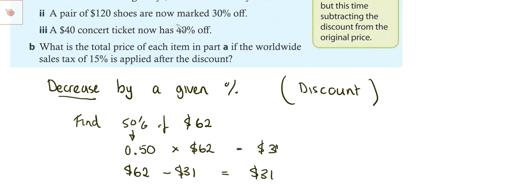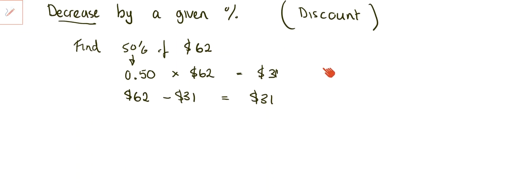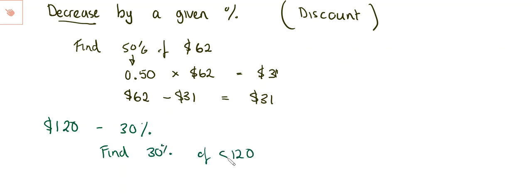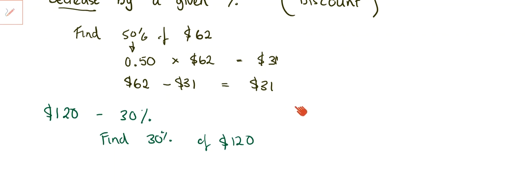So $120 marked 30% off. So we're going to do $120 minus 30%. So we're writing this down. Find 30% of $120. How do we do that, Riley?